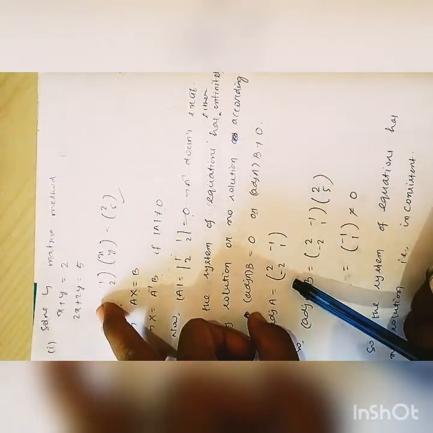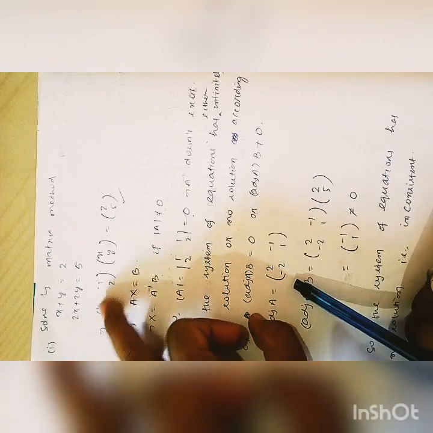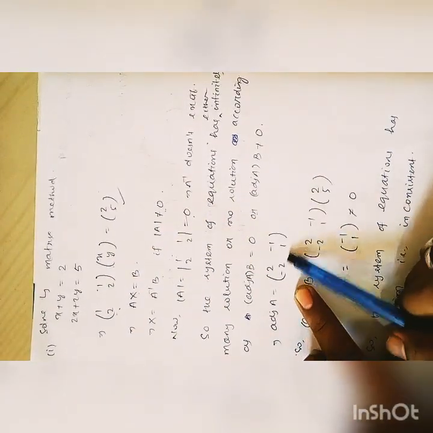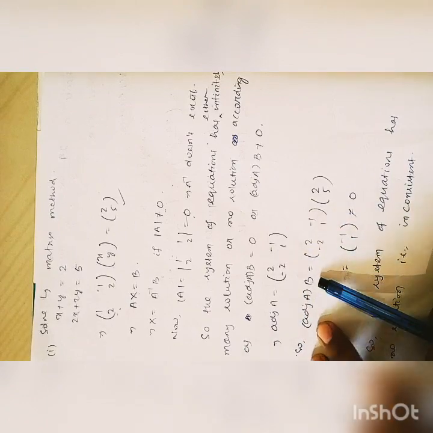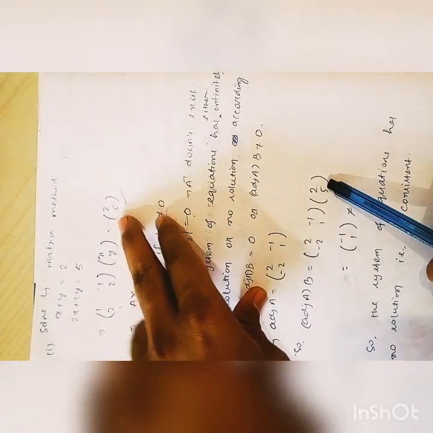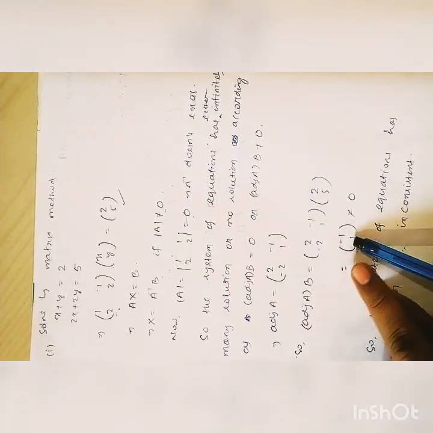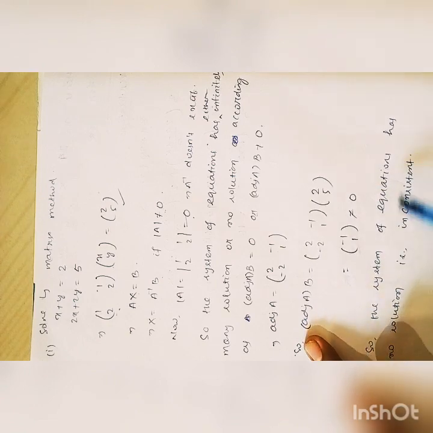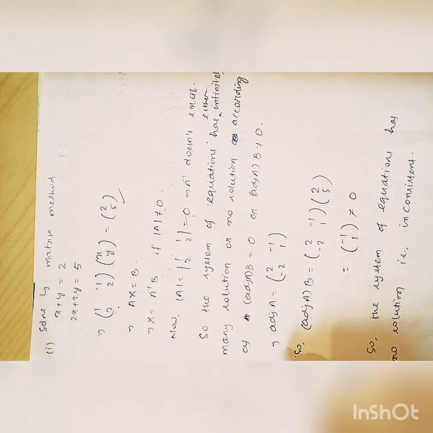We have to interchange the diagonal elements, and multiply the off-diagonal elements by a negative sign. Now adjoint of A into B, where B is the constant matrix, multiplying this we get [-1 1], which is not a zero matrix. So the system of equations has no solution, that is, the system of equations is inconsistent.